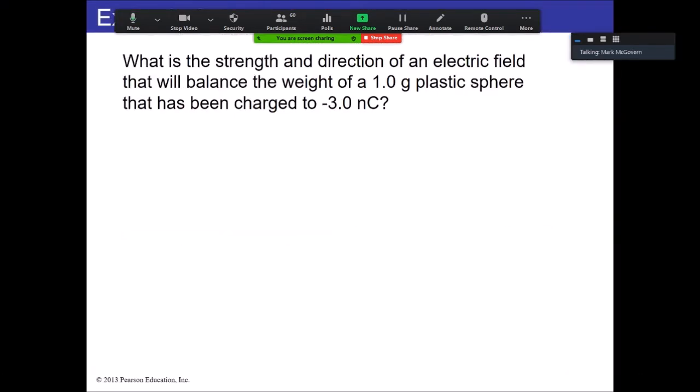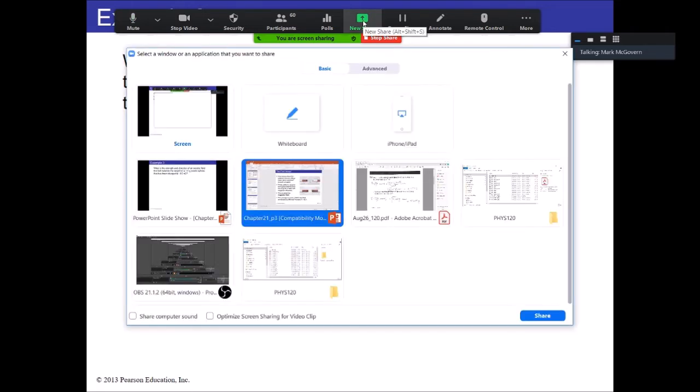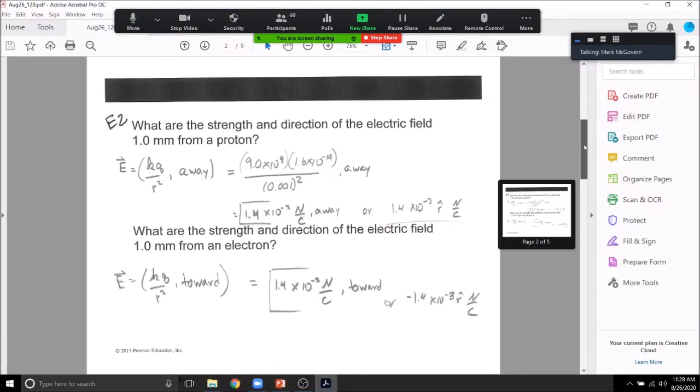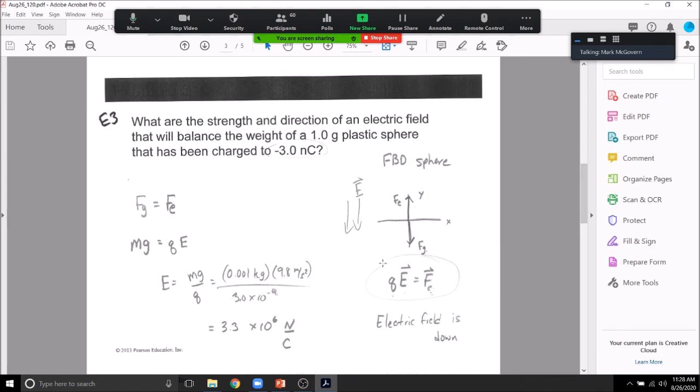Whatever. All right. What is the strength and direction of an electric field that will balance the weight of a 1 gram plastic sphere that's been charged to -3 nanocoulombs? Okay. Ooh, this is a good one. I should actually have a question that precedes this, because there's some tricky stuff here. Let's do it.